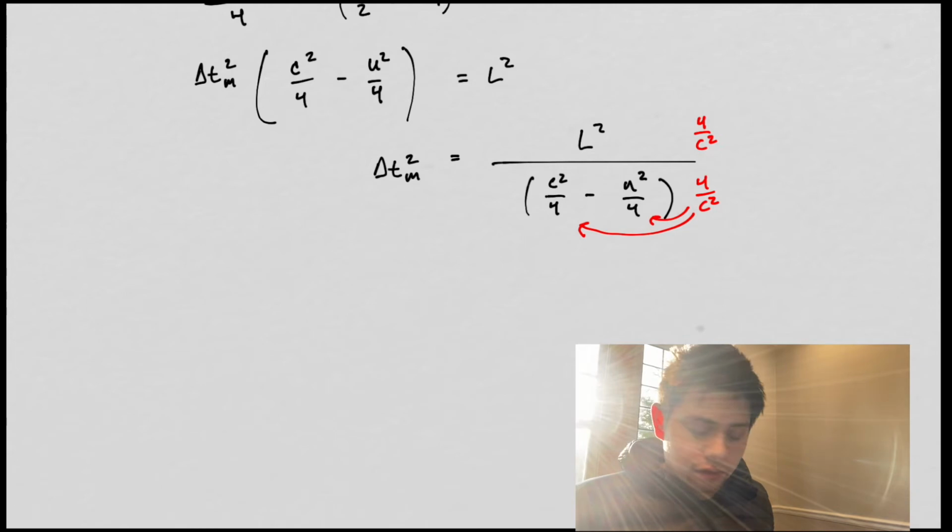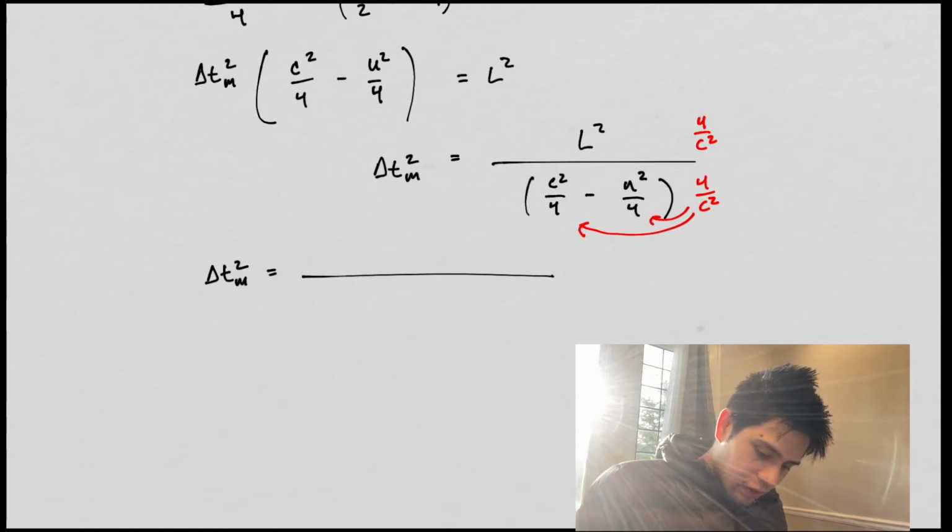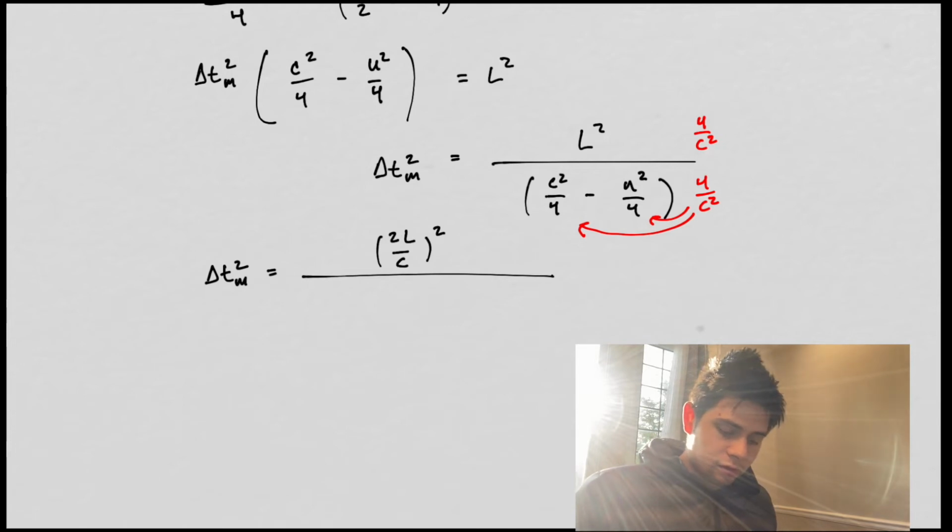It's just going to be 1. Everything's going to cancel. And in this case, it's just going to be u squared over c squared. Right, so now I'm going to rewrite this a little bit, not in red, in black. I'm going to get Tm squared equals 2L over c squared.